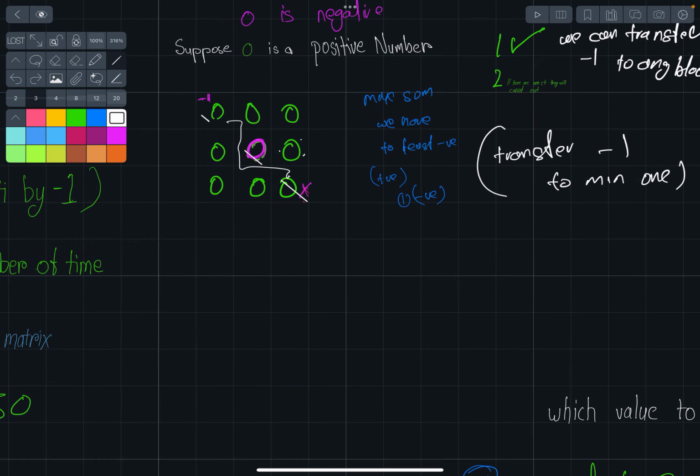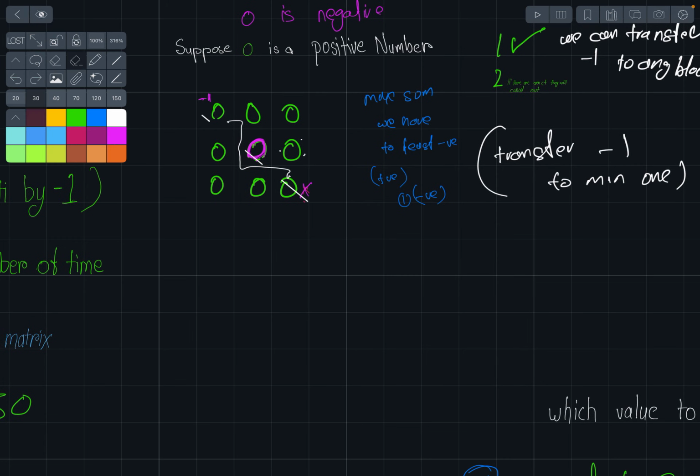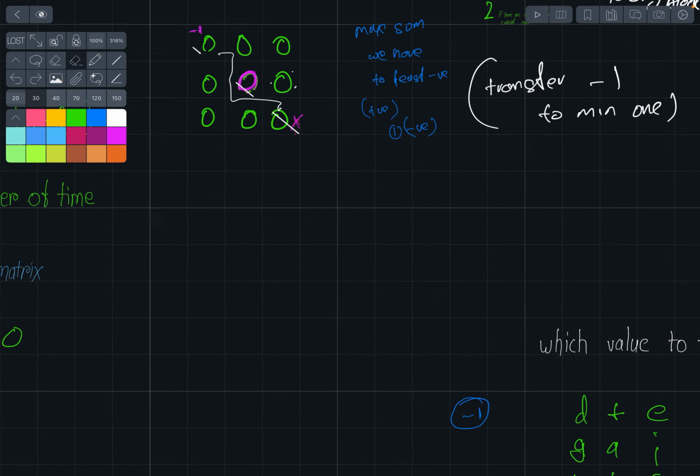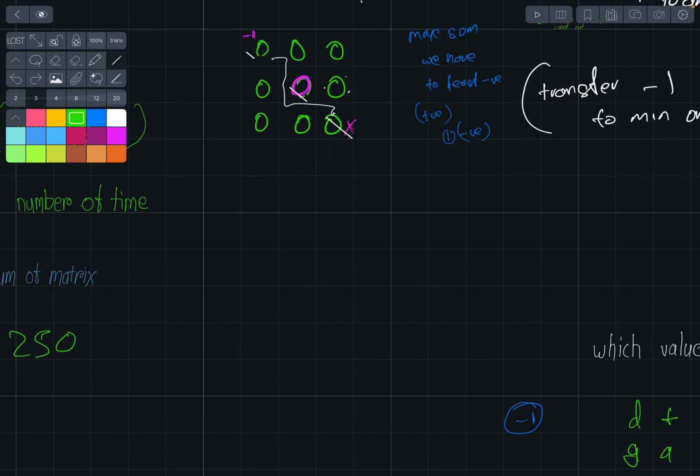What if there are two minus ones? Let us suppose there are two minus ones. We have seen that we can transfer any minus one to anyone.